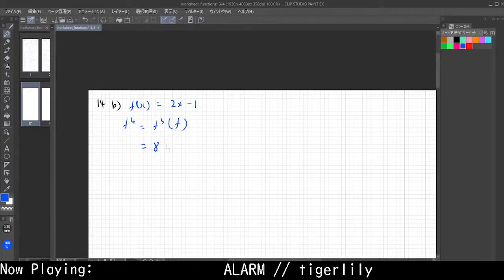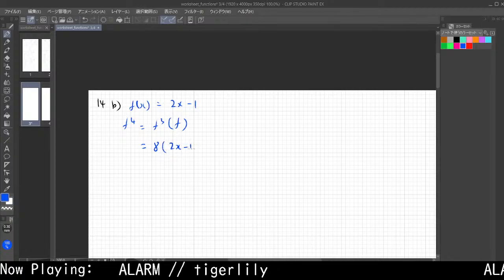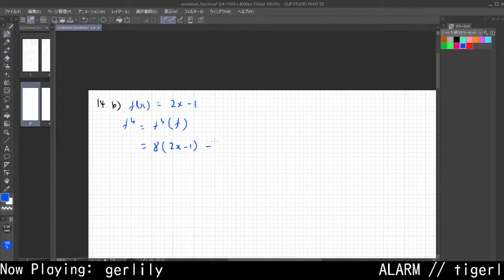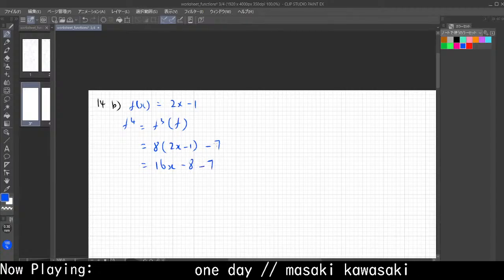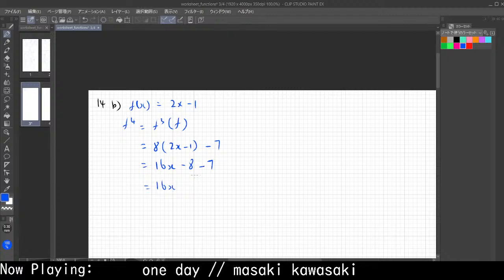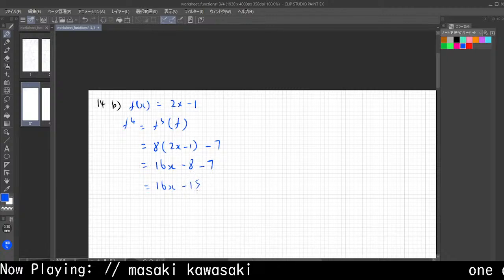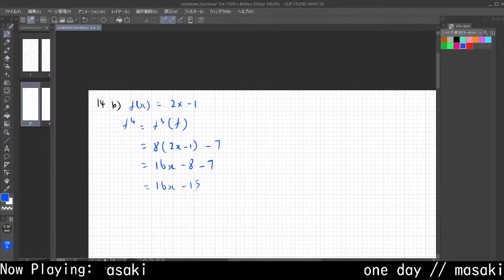So your 8x minus 7, you can substitute f into it, so you instead get 8(2x minus 1) minus 7. 8 multiply inside, 8 times 2 is 16x. 8 times -1 is minus 8, minus 7. 16x minus 8 minus 7 is 16x minus 15. You get this, nothing else left to do. This is done. Okay. Continue.